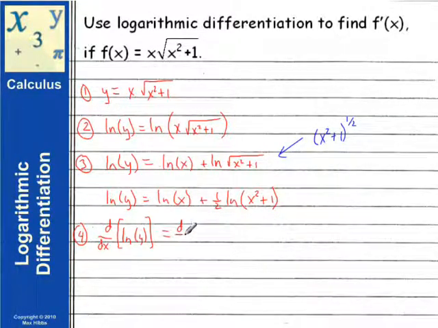That's the derivative of the first term, the natural log of x, plus the derivative of the second term, which is a constant times a function: the constant 1/2 times the derivative of the natural log of x squared plus 1.